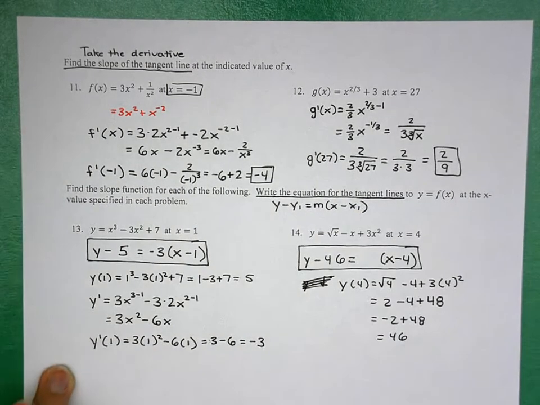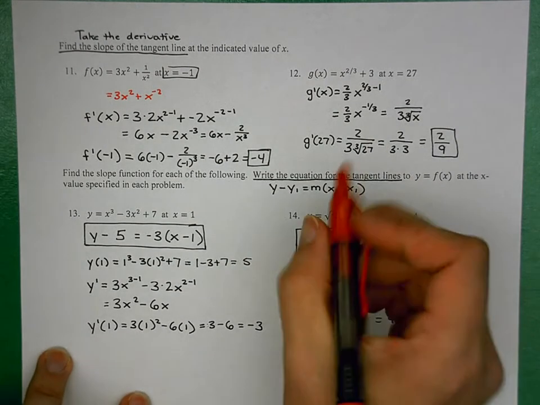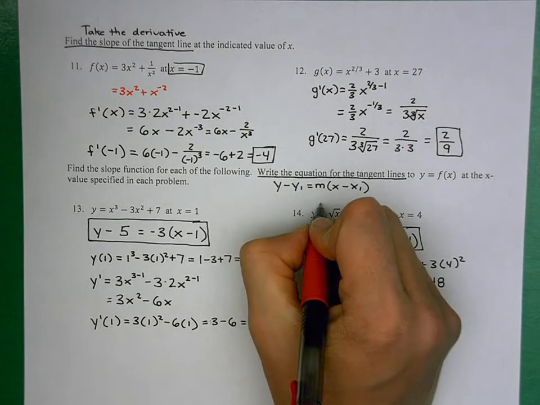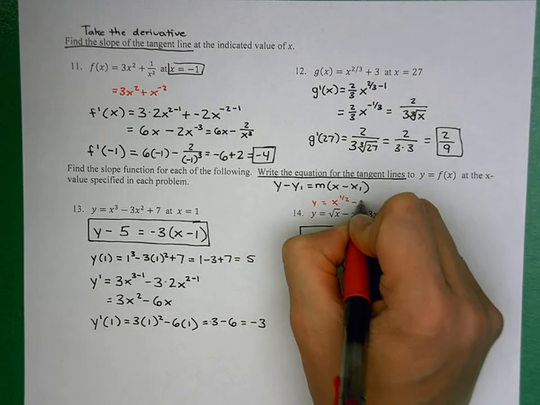Okay? And then your slope, okay, well, let me go ahead and rewrite this so I can see my power rule. y equals x to the 1/2 minus x to the first plus 3x squared.